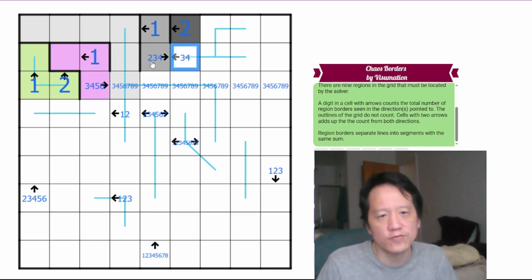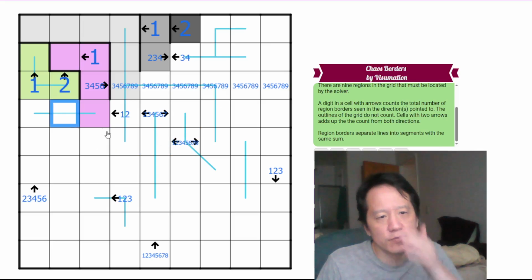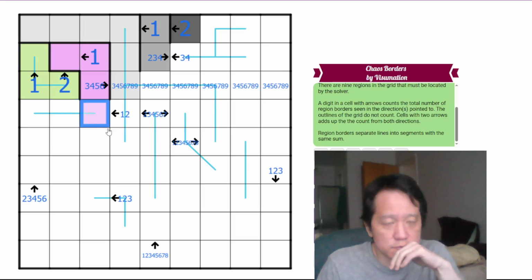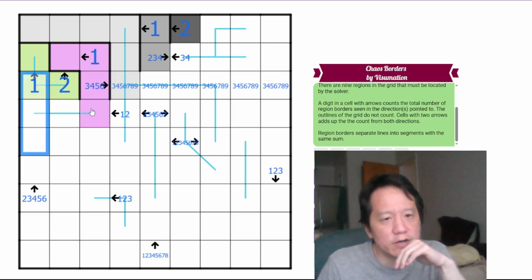So this would be 3 or 4. This would be a boundary here. This pink would have to extend down here. The green has to go out, and the pink has to go out. So the green has to be one of these.